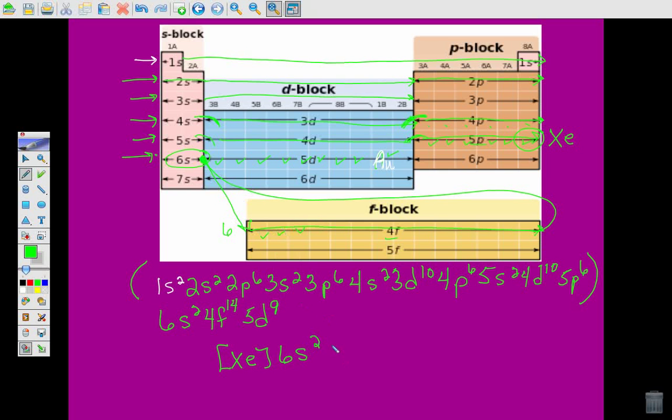So it'd be 6s2. We still have to follow our cul-de-sac, 4f14, then 5d9. So for gold, these are our outermost because it's the highest n value. And these, because they were the last we were filling, these would be our highest energy.